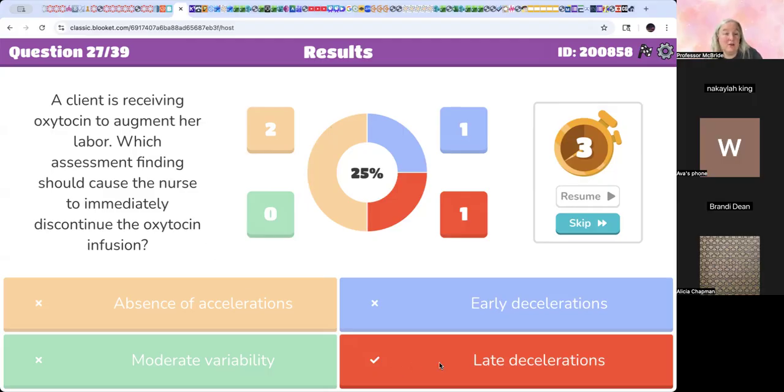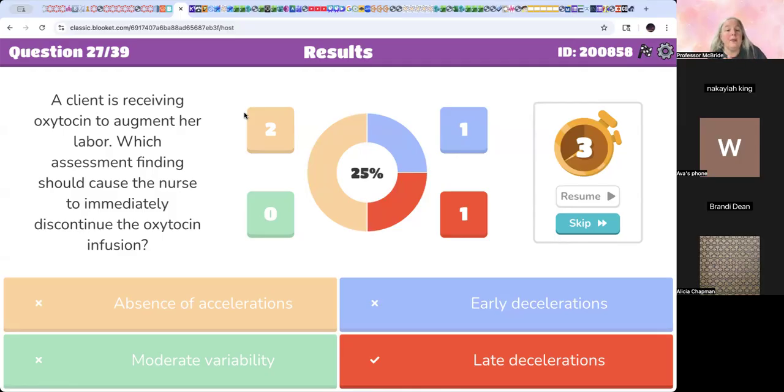Late decelerations, though, that's what we're concerned about. Late decelerations are going to be the P in CHOP, right? So placental insufficiency. When we think about why a placenta is insufficient, in this case, it could be that we're not getting enough blood flow to the placenta in between contractions.